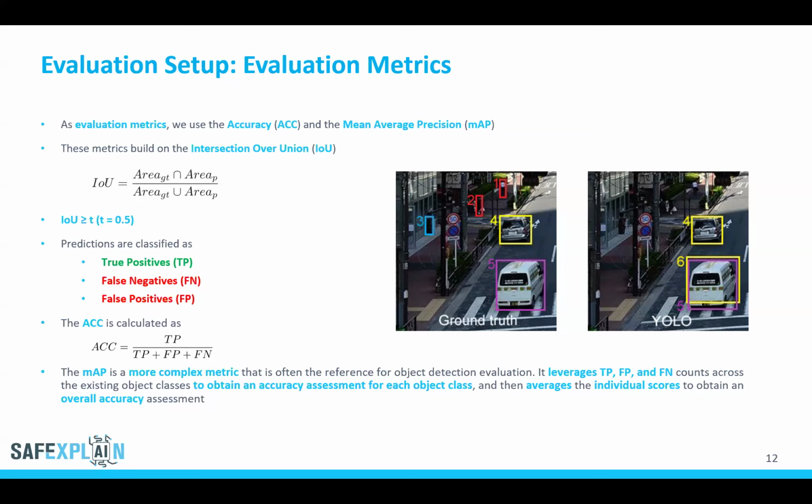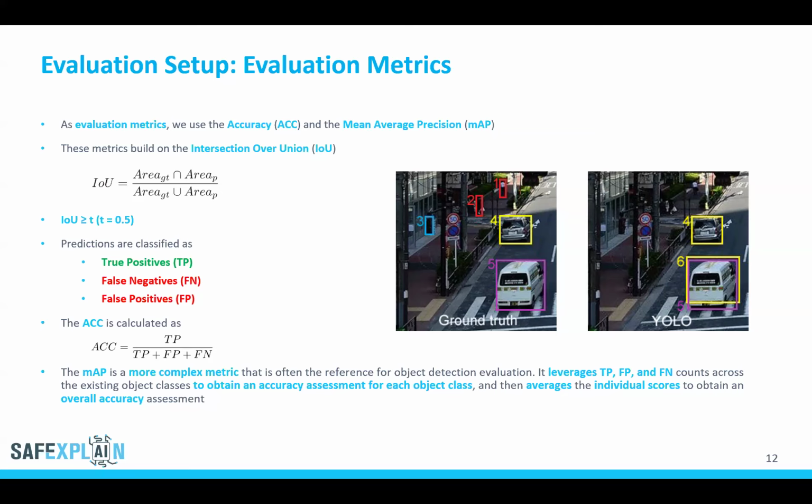This will give us a value between 0 and 1, 0 if they don't even intersect, and 1 if they're exactly the same. And we can set a threshold, for example, 0.5, and based on this, we regard them as the same, right? So if they have this IOU greater or equal than 0.5, we say that they can be considered the same bounding box, which is one of the standard metrics to use.